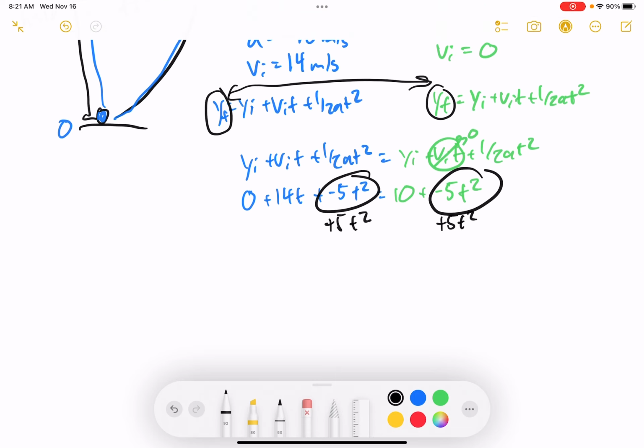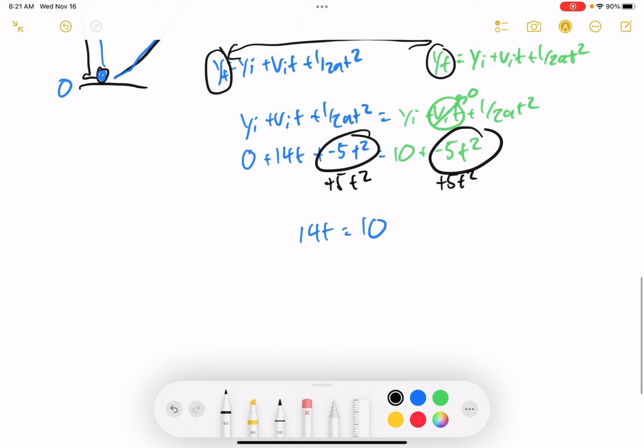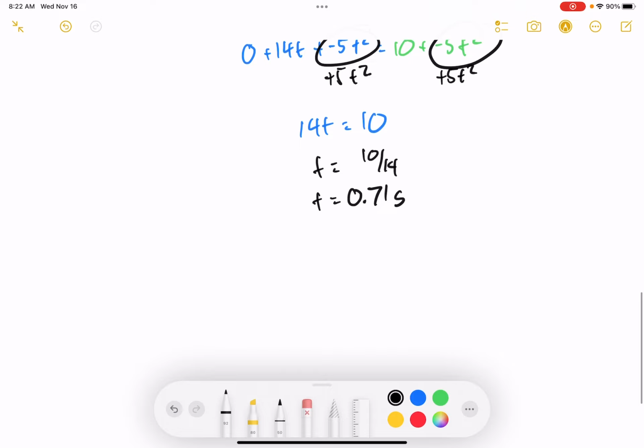And so I'm left with 14t equals 10. So t equals 10 divided by 14, which gives me 0.71 seconds. If you look at the answer key, it says meters per second, but the correct units should be just seconds. So that gives me part B.